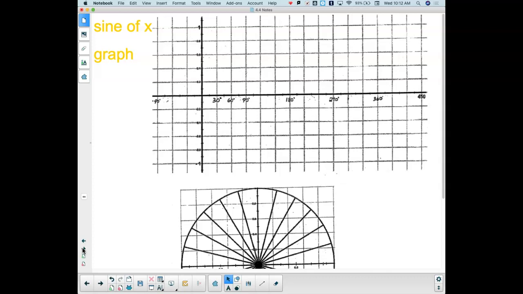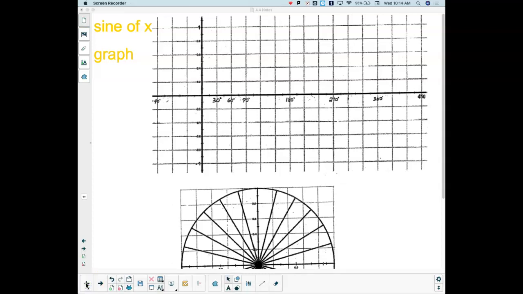And then at the same time, everybody is going to come up and grab one piece of spaghetti. If you're sitting next to somebody, you want to come up and grab like 3 of each and pass them out, that's fine. But everybody needs a piece of paper and a piece of spaghetti. Go.